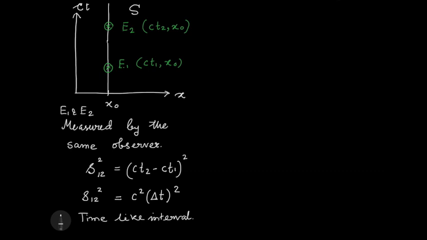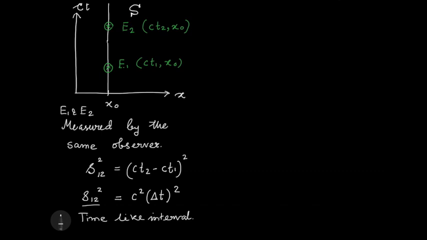Okay. Now see, we are talking about two events happening in this very particular reference frame. It's happening in all reference frames, by the way, but we are measuring by the observers in this particular reference frame, where only one clock is used to measure the time difference. And because only one clock is used by only one observer, there is no spatial part in the interval. The interval only has the time part.